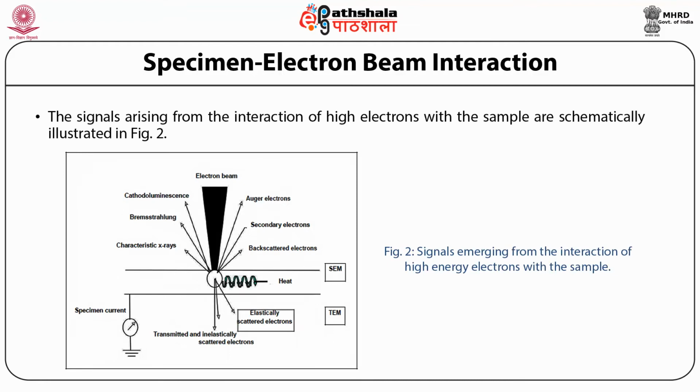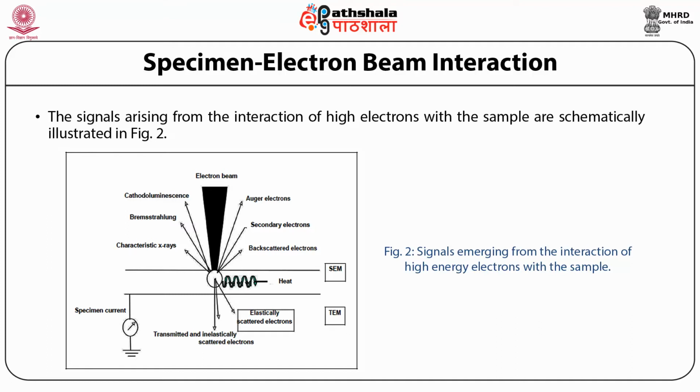Students, now let us consider the specimen electron beam interaction. The signals arising from the interaction of high energy electrons with the sample are schematically illustrated in figure 2.